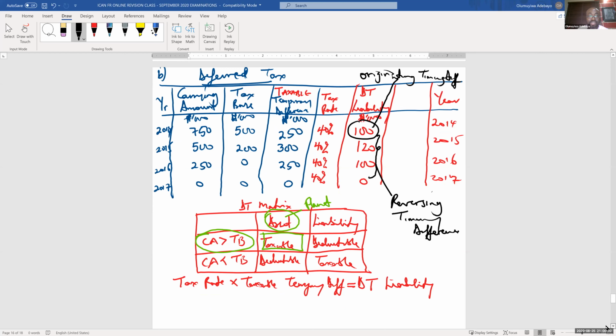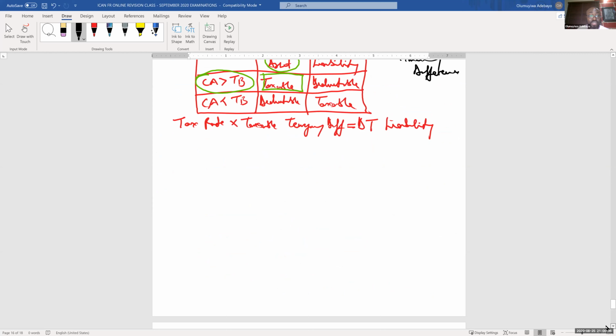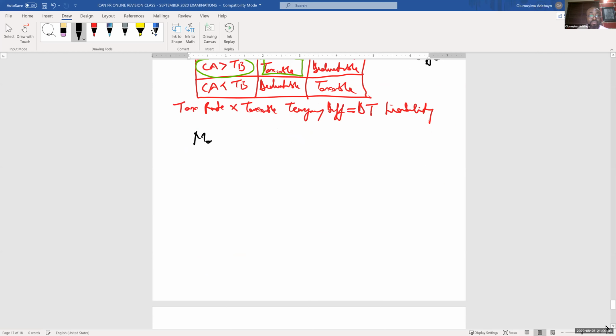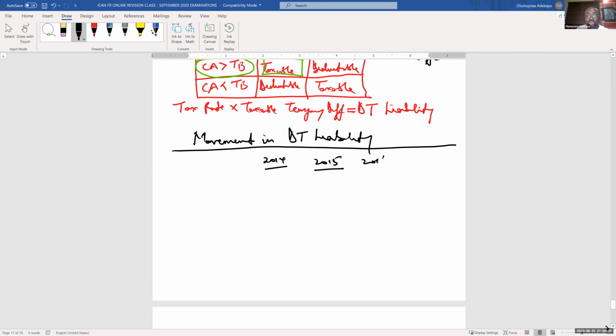We need the movement in our deferred tax liability, which means for me to determine my deferred tax expense, I need to look for the movement in deferred tax liability. I have 4 years here, 2014, 2015, 2016, and 2017. Remember, all figures are in thousands.